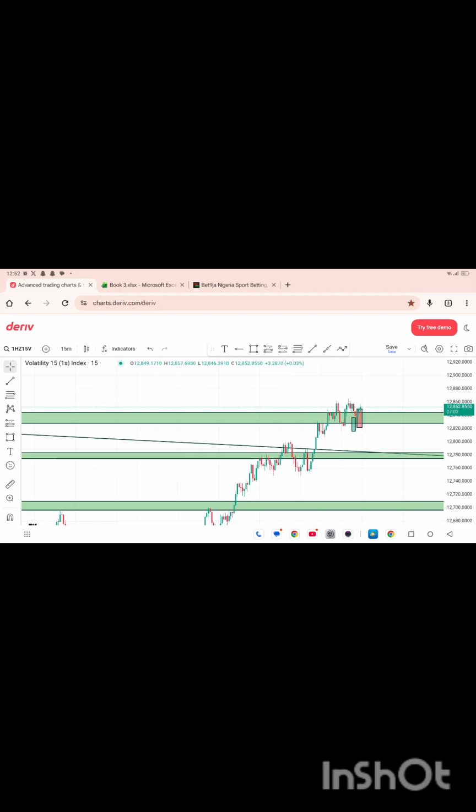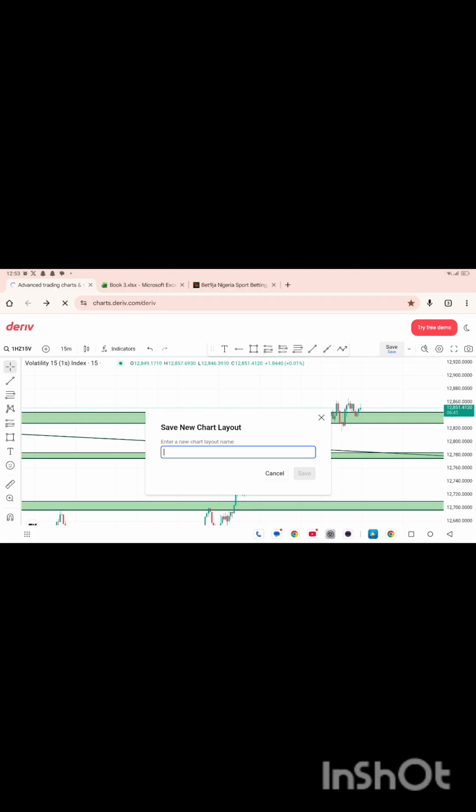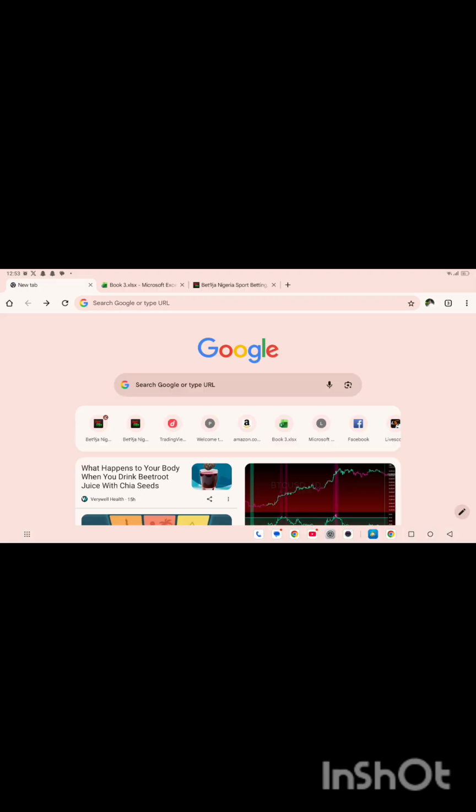If you are using the bearish engulfing, you want the red candle to engulf the green candle. I don't know the pattern you want to use, but whatever pattern you are using, on this zone is where you look out for those patterns. So this is how we keep our chart as simple and clear as possible.